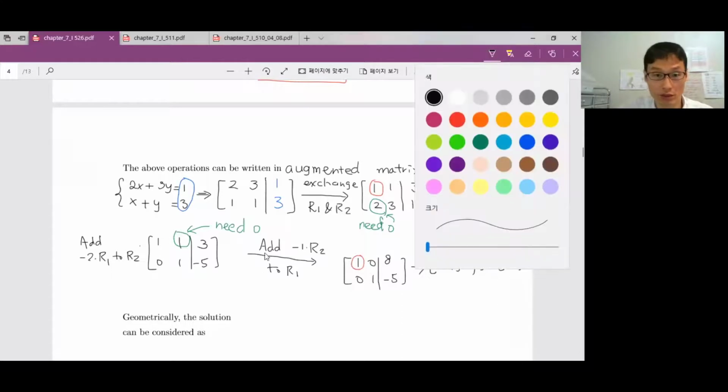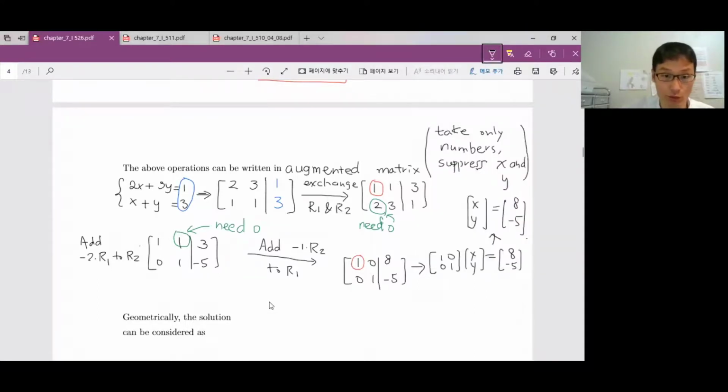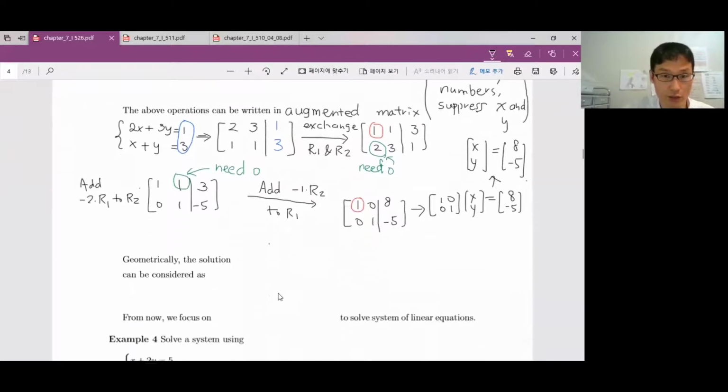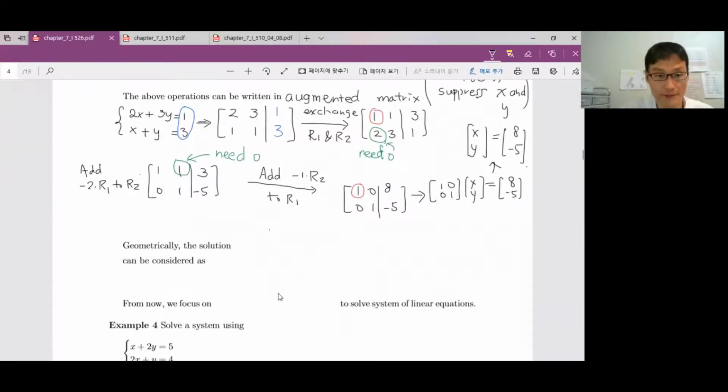Okay. Before moving on to the next example, let me point out one quick remark. Geometrically, the solution, I mean 8, -5, let me use coordinates x, y. 8, -5 is a point on the plane.